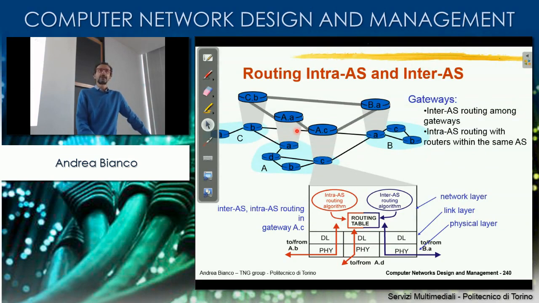These are called border routers. They are at the border of your domain. Okay? It's like borders among countries, exactly the same, right? There are some roads, some points in which you have access to other countries. And typically this is a limited access point.